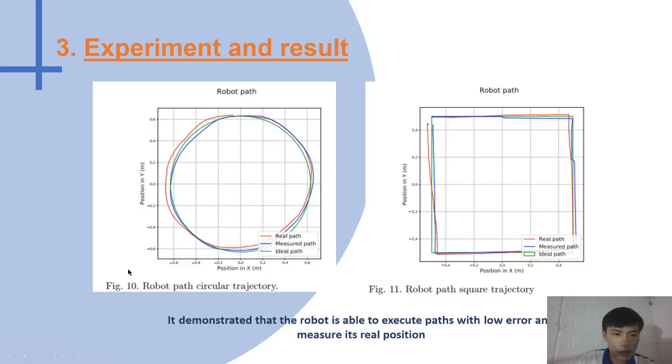Figures 10 and 11 show the position of the robot performing two paths: a circular path and a square path.